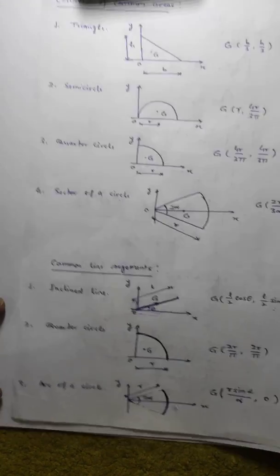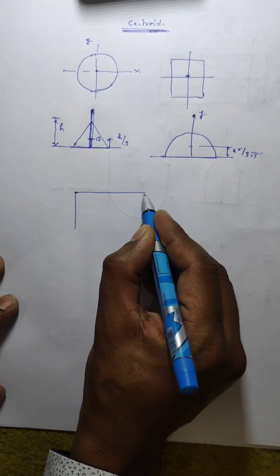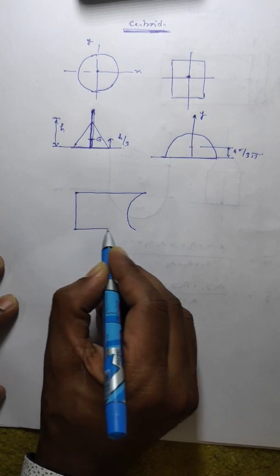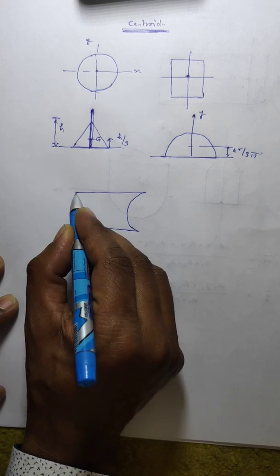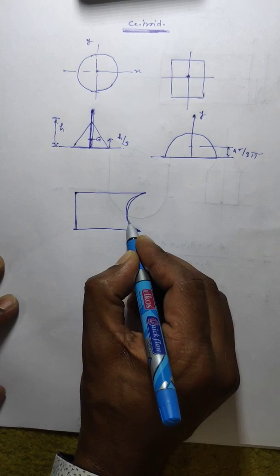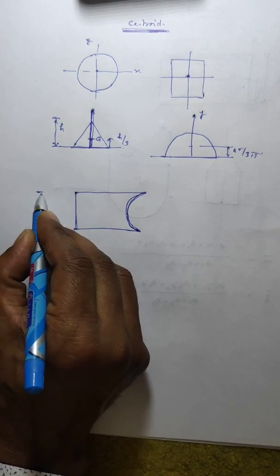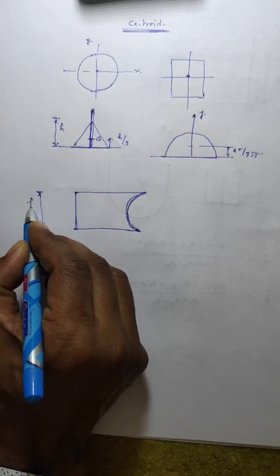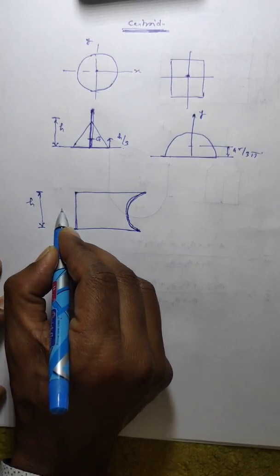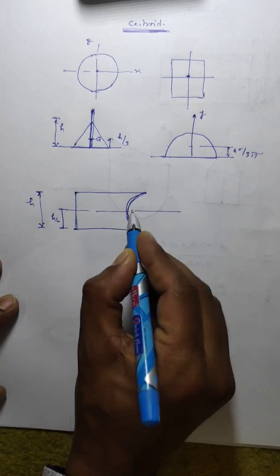So how can we solve the problems of composite geometry? What do we mean by composite geometry? Basically, composite geometry means, suppose we are having a geometry like this. We cannot say where the centroid of this will be. This is a semicircular part. If the height is h, then we can say from here at h by 2 there will be an axis of symmetry.